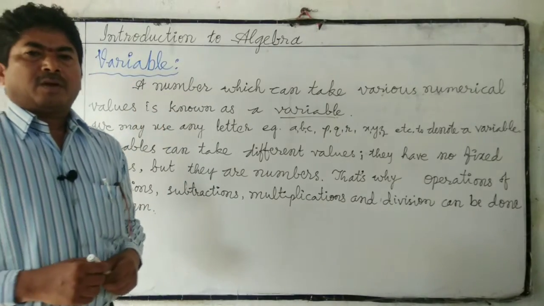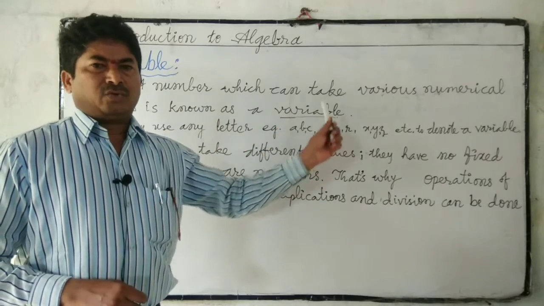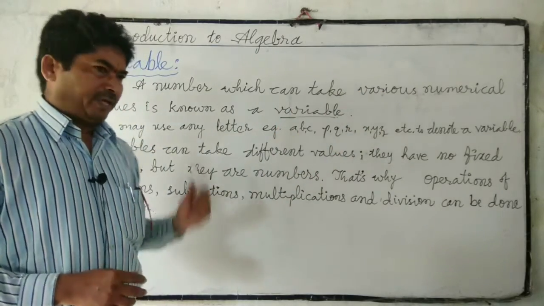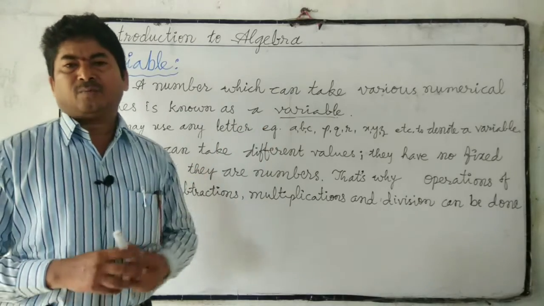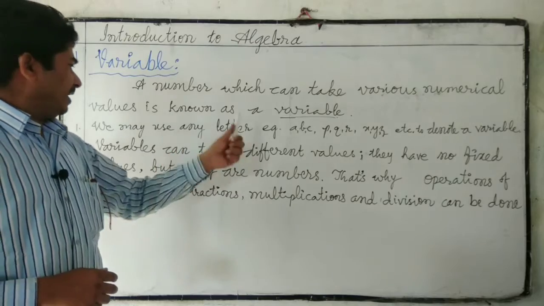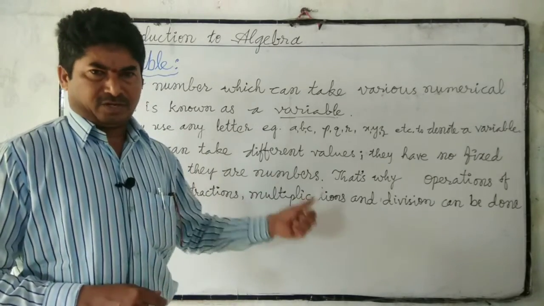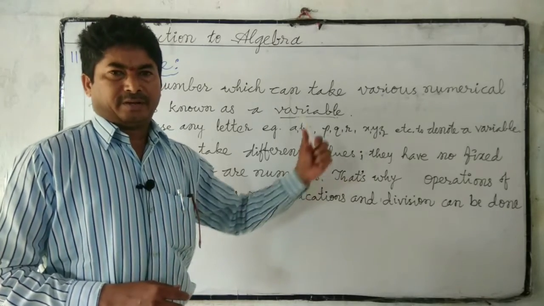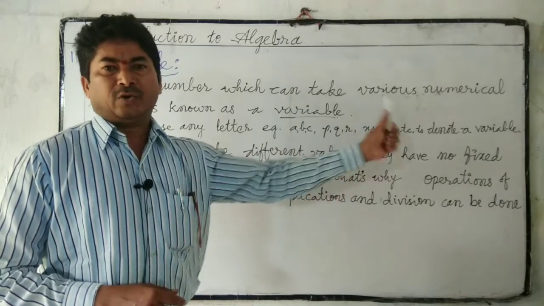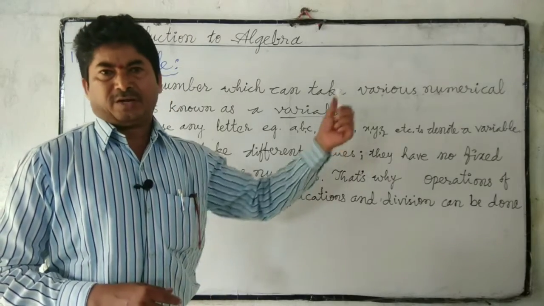Variable. A number that can take various numerical values is known as a variable. We may use any letter, for example A, B, C, P, Q, R, X, Y, Z, etc., to denote a variable.